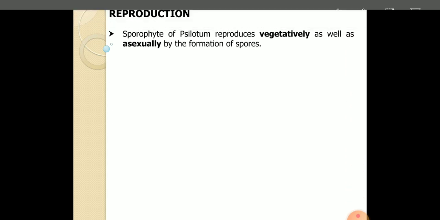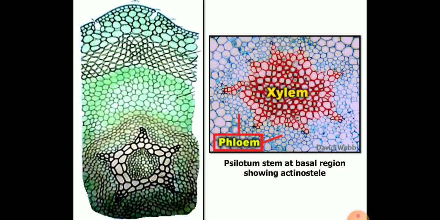Okay, so this is generally the morphology and anatomy of Psilotum. In today's class we just discussed the morphology, that is simply how the thallus of Psilotum looks. Psilotum is called whisk fern, and it is also called a rootless, leafless pteridophyte, and it commonly grows in tropical and subtropical regions.